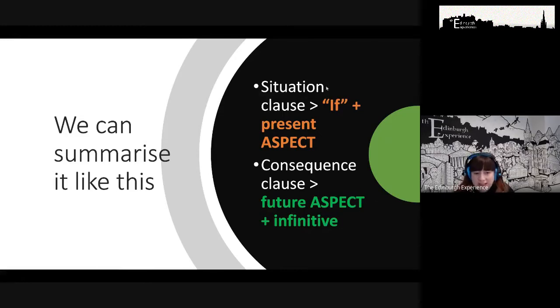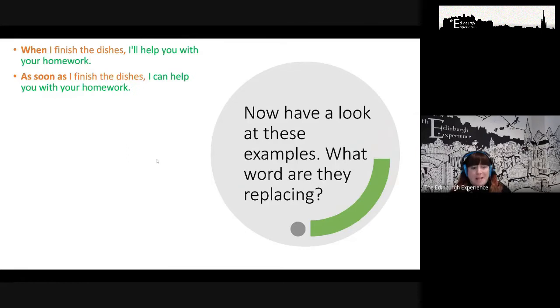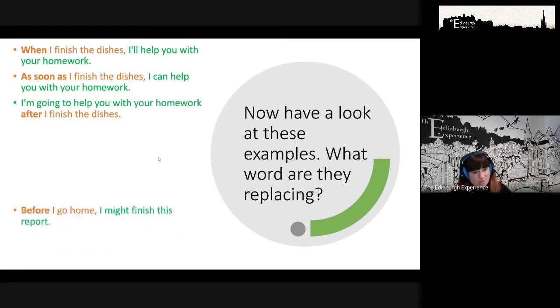And if we come back to that if thing here that I said before, quite often that if won't be there either because we can use other words to express it. Now have a look at these examples. When I finish the dishes, I'll help you with your homework. As soon as I finish the dishes, I can help you with your homework. I'm going to help you with your homework after I finish the dishes.